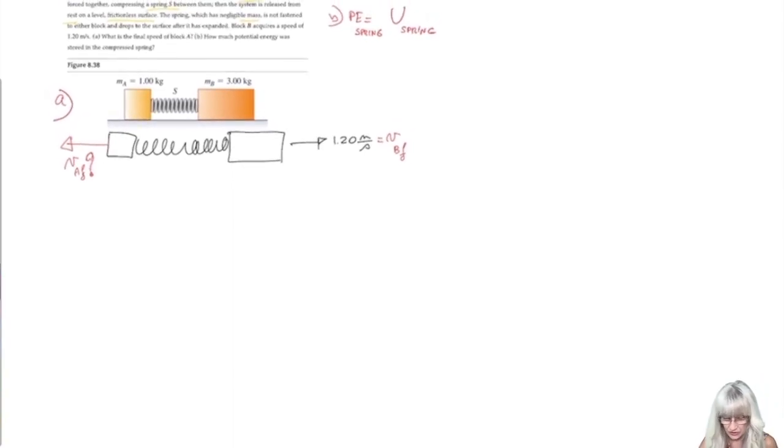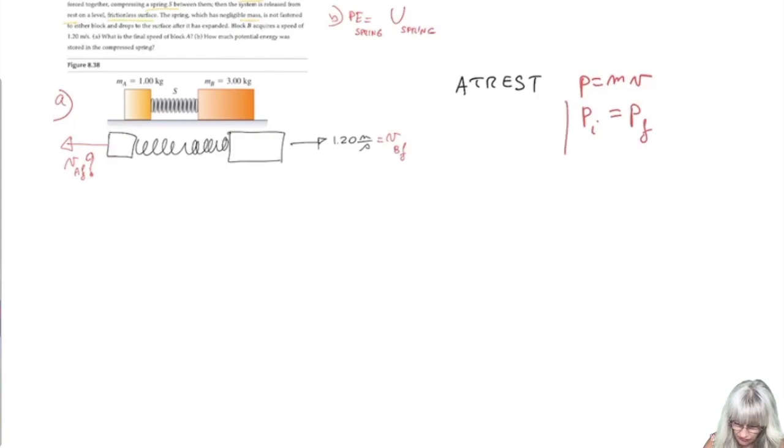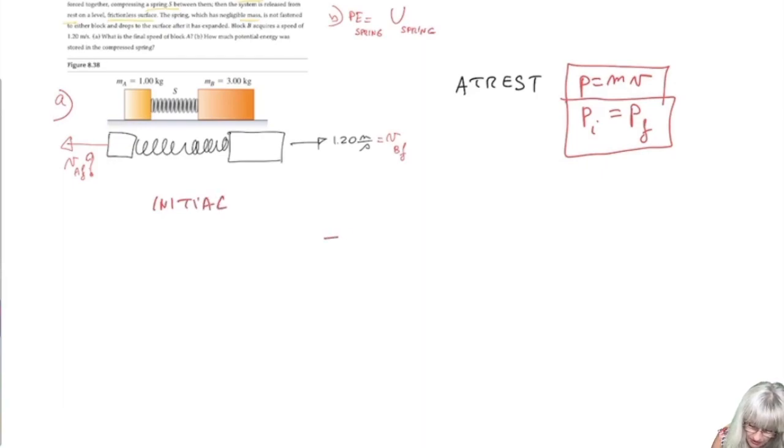All right, so we know that they are all at rest at the very beginning. I know that the momentum is conserved. Conservation of momentum. I'm going to implement my knowledge. So here is all initial for the body, and here I put equal to the final stage of the system.